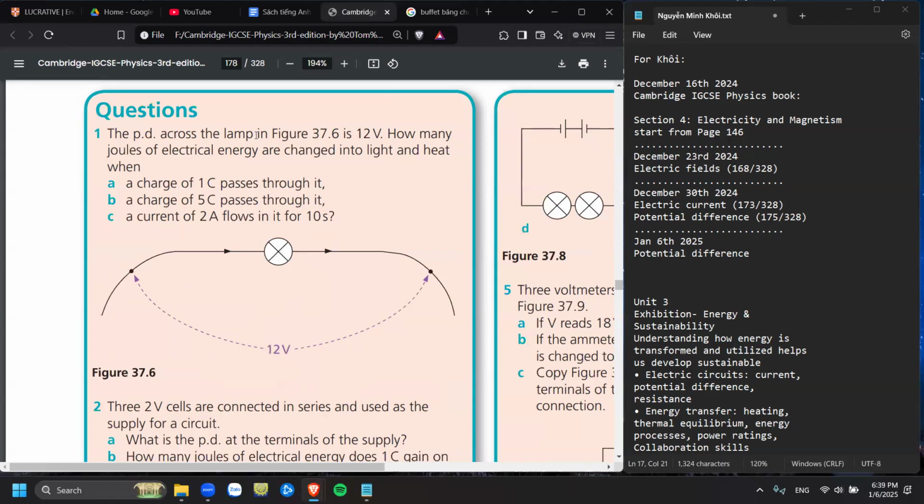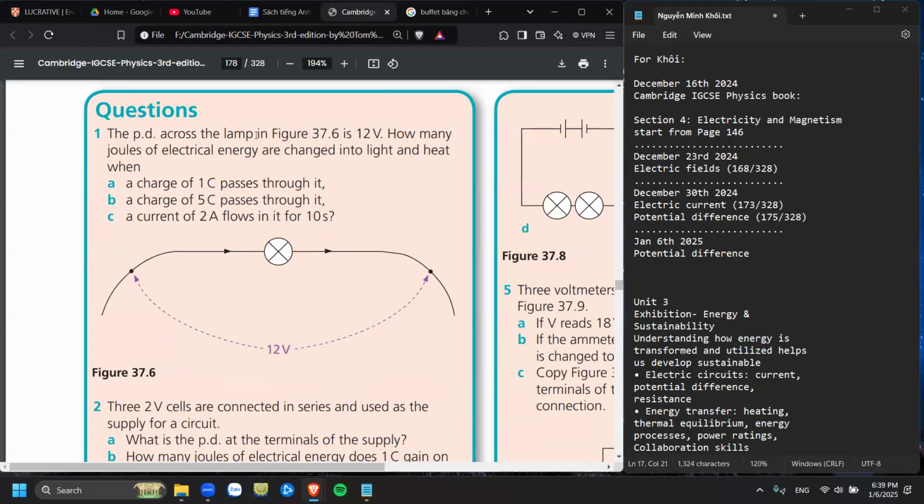So you remember the formula? Okay, 1 volt equals 1 joule over 1 coulomb, right?